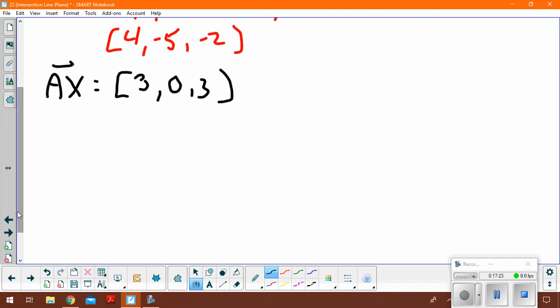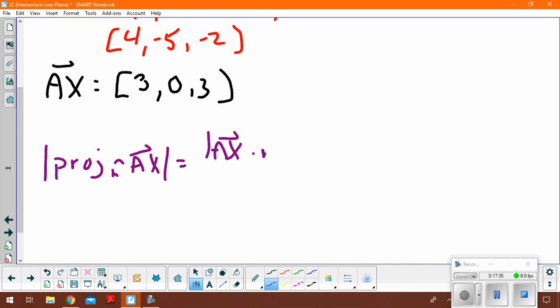I need the magnitude of my projection onto the normal of AX, which is the magnitude of the dot product over the magnitude of n.